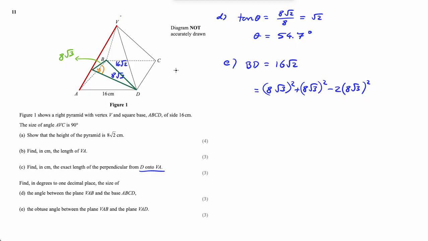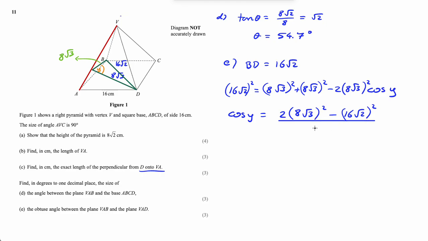The cosine rule is: 16√2 squared equals this squared plus this squared minus 2 times this times this times cos of Y. Then you can rearrange this to cos Y equals this squared plus this squared, which is just 2 of these, so 2 times 8√3 squared, minus 16√2 squared, all over 2 times 8√3 squared.